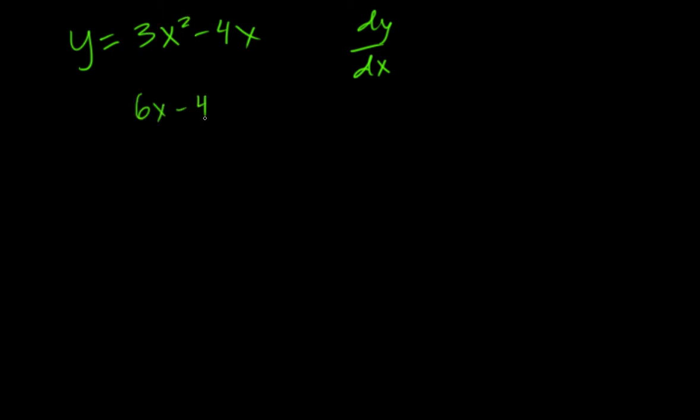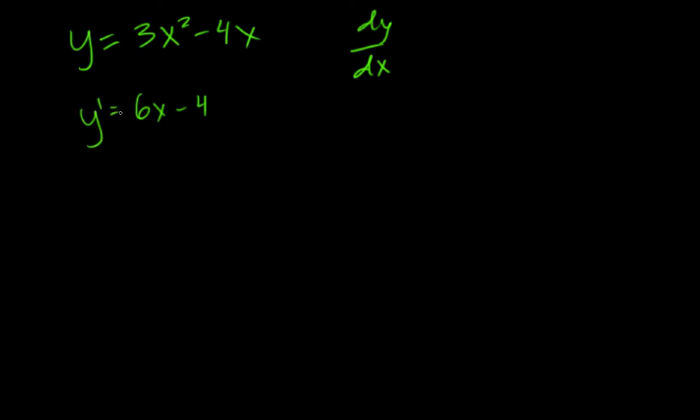Okay, last one. Y is equal to 3x squared minus 4x. It says find dy dx, which is just another way of saying find the derivative. And then they want us to interpret the meaning. So we go through the algorithm, bring the 2 down, we get 6x minus 4.